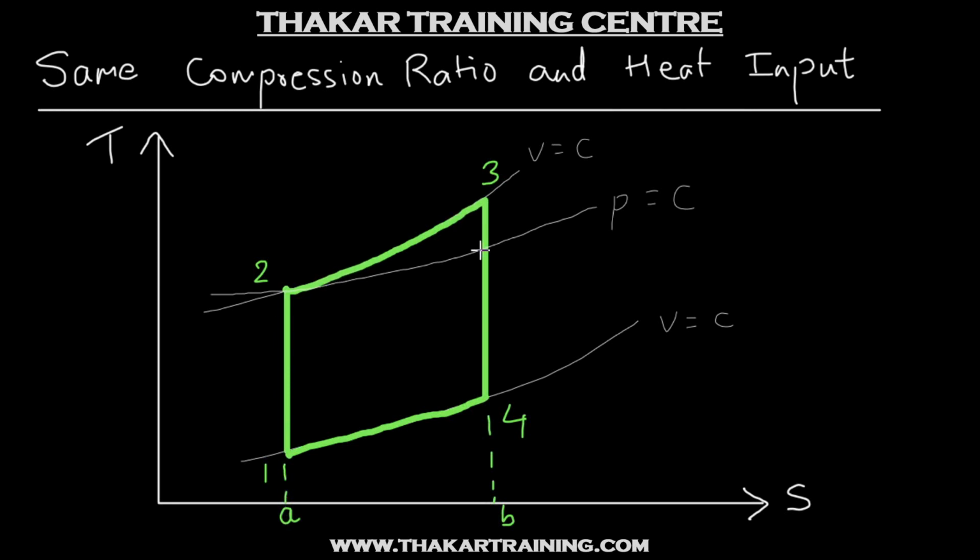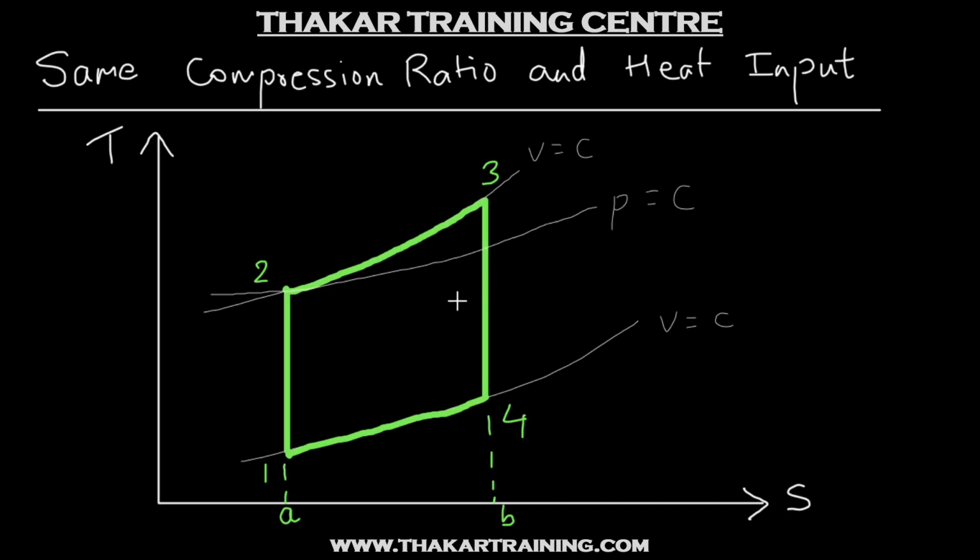Now we want the same heat addition for the diesel cycle, and the diesel cycle will have the process along this curve, constant pressure. So point 3 of the diesel cycle should lie to the left or to the right of point 3 which is already marked over here. Can you tell how point 3 should look, on the left side or on the right hand side?